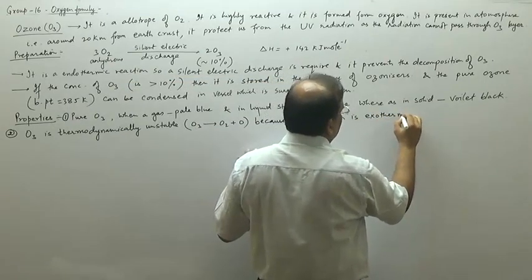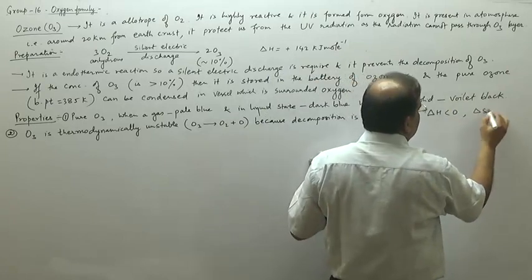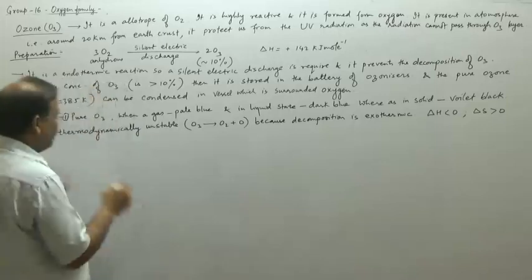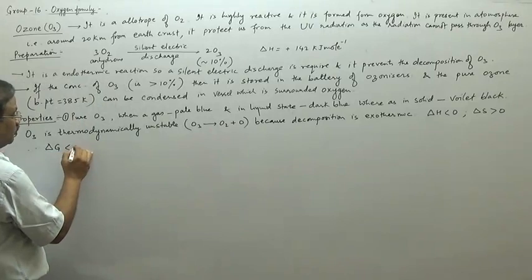So delta H is negative, delta S is positive, therefore delta G is negative. It means that it is a spontaneous reaction.